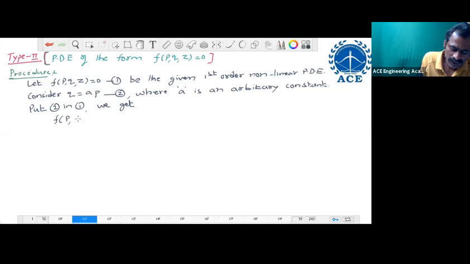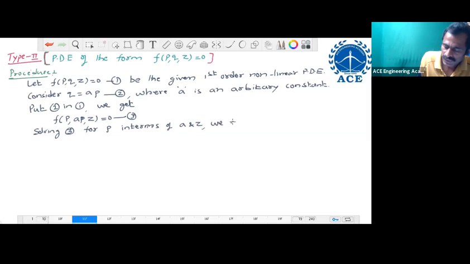F of p comma ap comma z equal to 0. Call this 3. Solving 3 for p in terms of a and z, we get p equal to phi of a comma z.